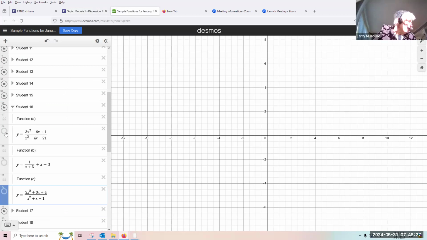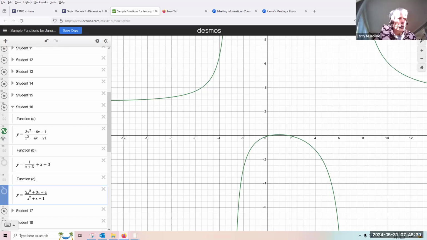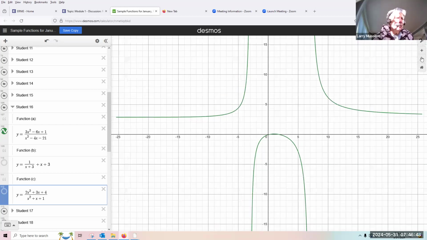In Desmos, if you click on the circle right here, it activates the graph. If I click again, it makes the graph invisible. Over here on the right, there are zoom in, zoom out buttons. I'm going to zoom out a little bit, and that looks a little better.